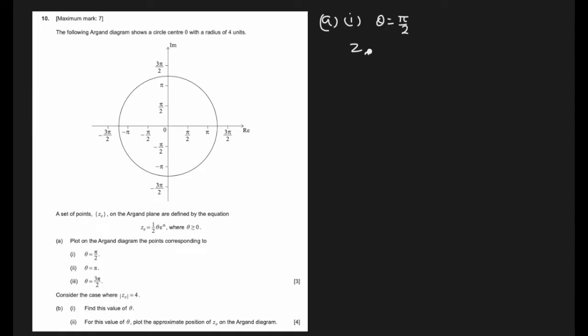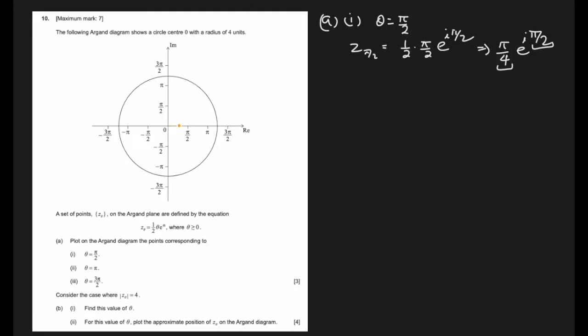So z pi by 2 will be half pi by 2 e to the power i pi by 2. So it becomes pi by 4 and e to the power i pi by 2. That means this becomes the modulus, this becomes the argument, right? So modulus is pi by 4, and pi by 4 will be somewhere here.